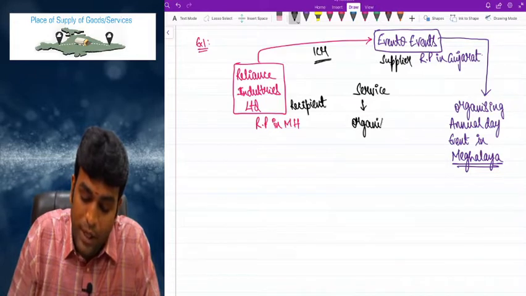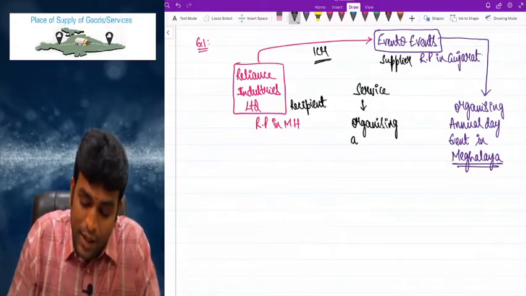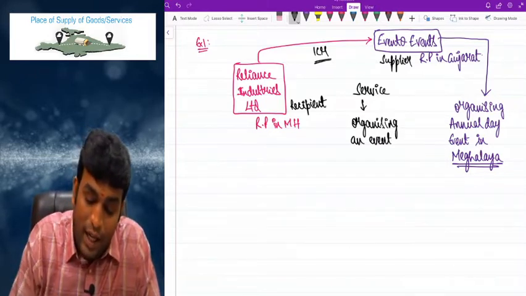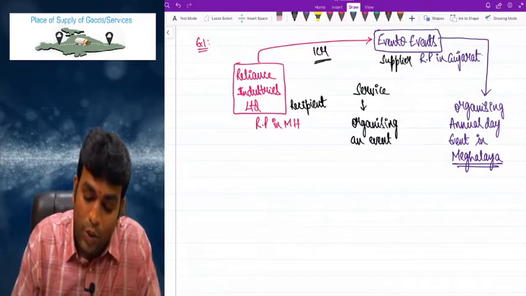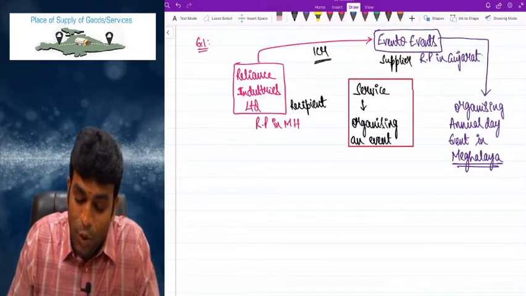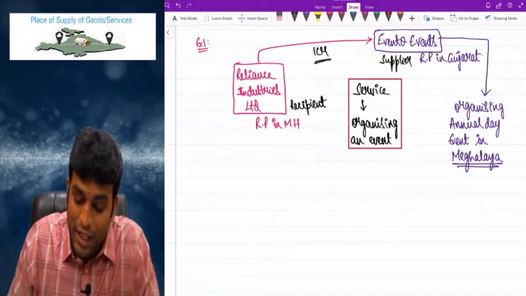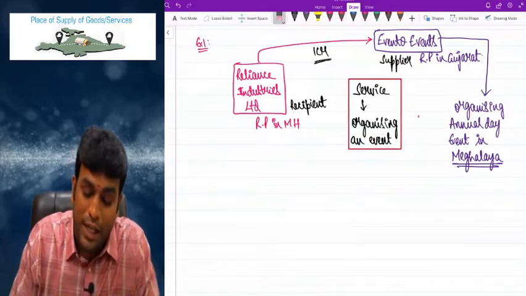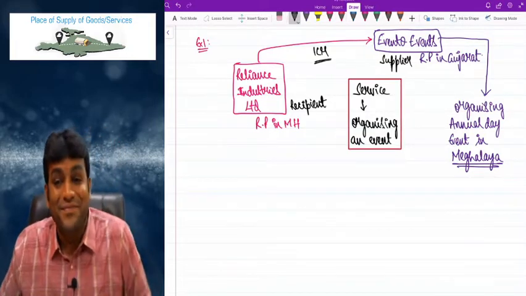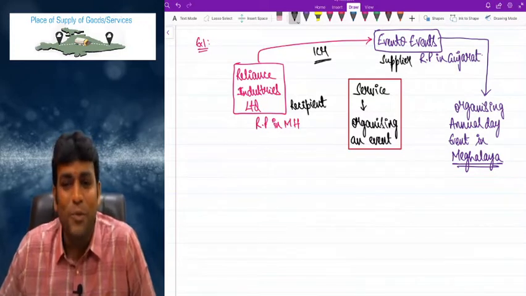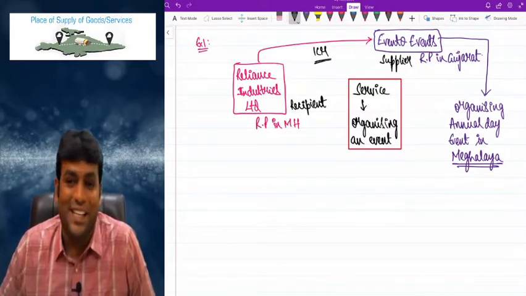Organizing an event. That is why I clearly told you starting only that goods will not take much time, but the whole effort is about having great clarity of thought on place of supply in case of services. That is challenging, and that will come in the exam.